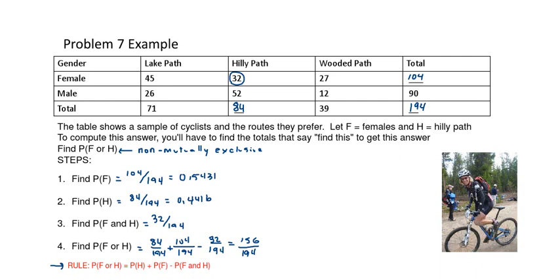Actually, my decimals are going to be a little bit off right here. I apologize. Let's see, 104, let's retry this. 104 divided by 194 is 0.5361. My apologies, everybody here. I'm going to have to really quickly change these.